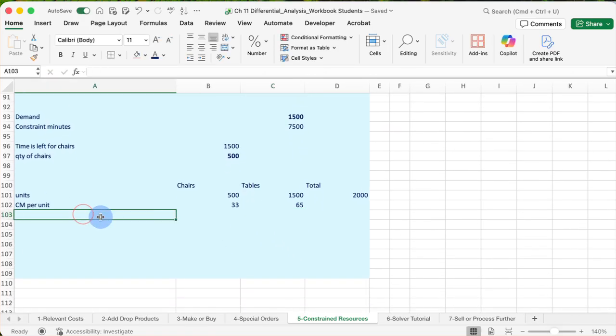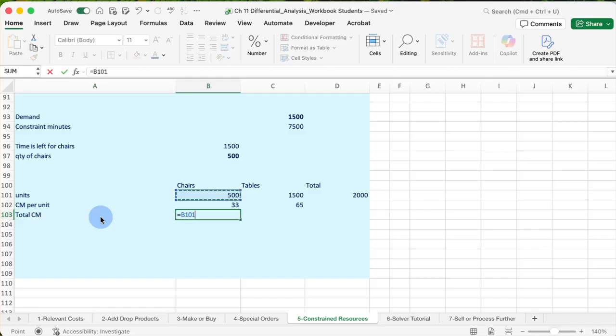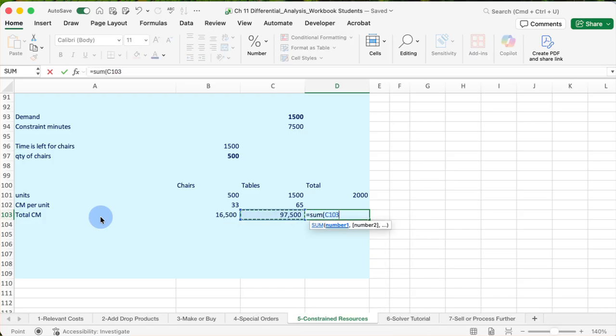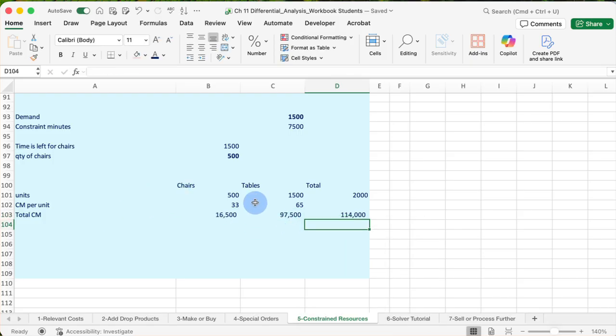And so now we want to calculate total contribution margin, and we will do that by multiplying the number of chairs times the contribution margin per chair, and same thing for tables. And then we can sum that, and we see that this combination of products creates a total contribution margin for our company of $114,000.